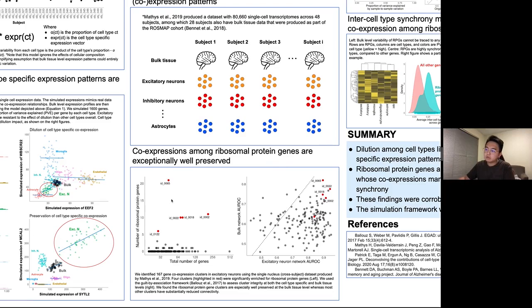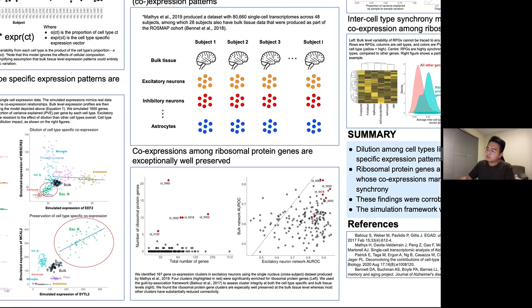We took this data set and discovered 167 gene co-expression clusters in the excited neurons alone, and then we looked at the cluster integrity of those clusters at the bulk tissue level, and you can see that there is a pretty substantial reduction of cluster integrity.